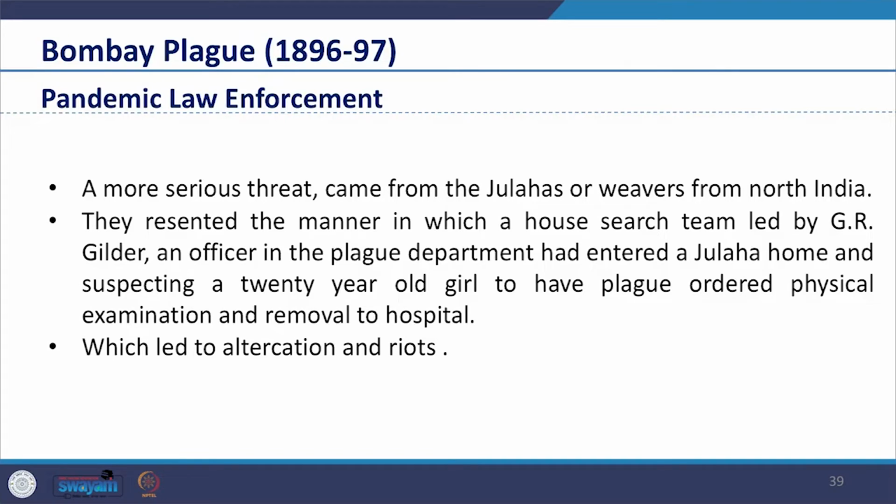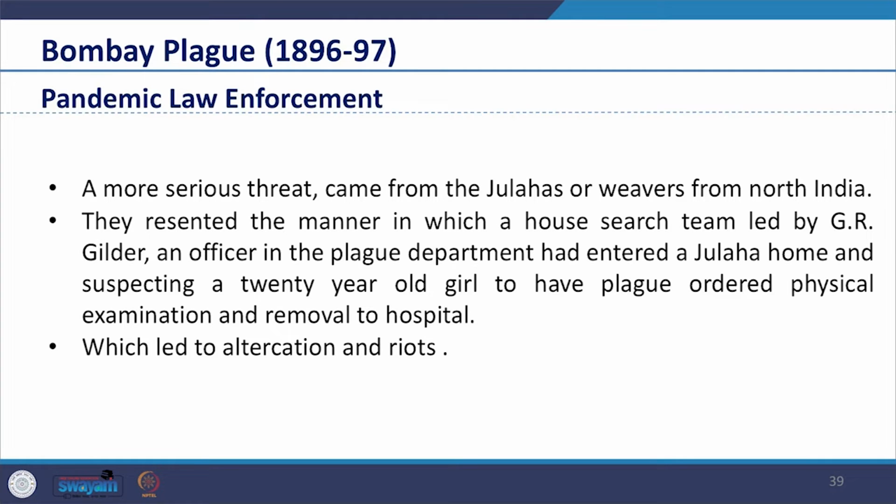You can see the emotional stress, the class struggle, different vulnerability, and the challenges the urban governance was expected to handle. So, as per the record, we see a more serious threat came from Julahas or the weavers from North India.